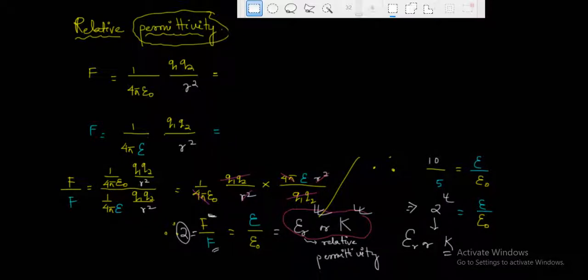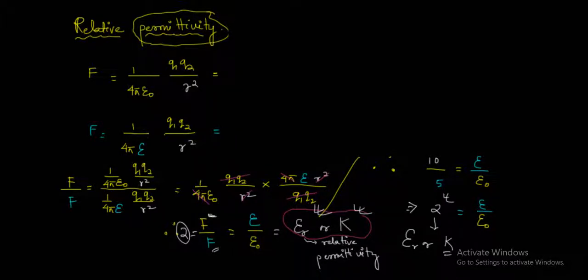In conventional textbooks, the definition is the ratio of the force in air or vacuum to the force in a medium, whether water or alcohol or milk or any medium. The ratio of those two forces is known as relative permittivity.